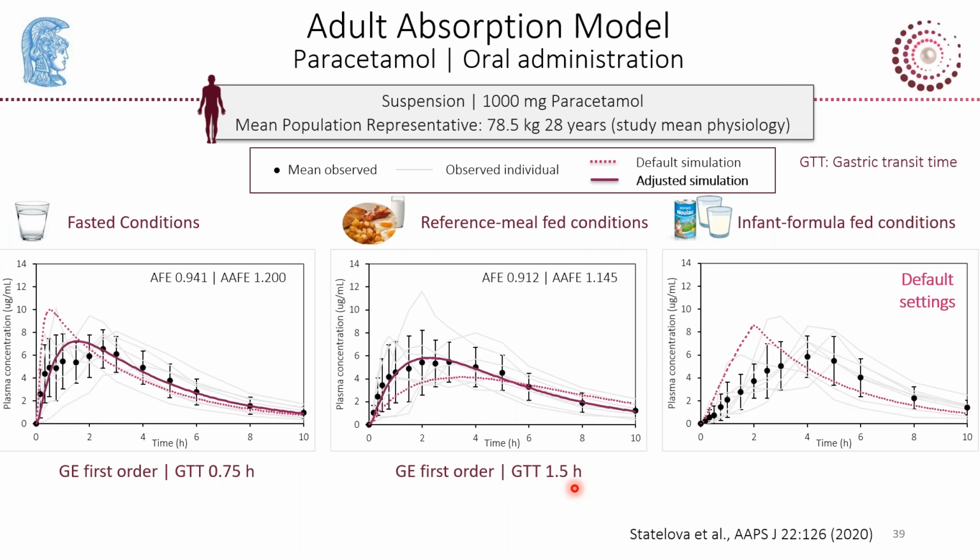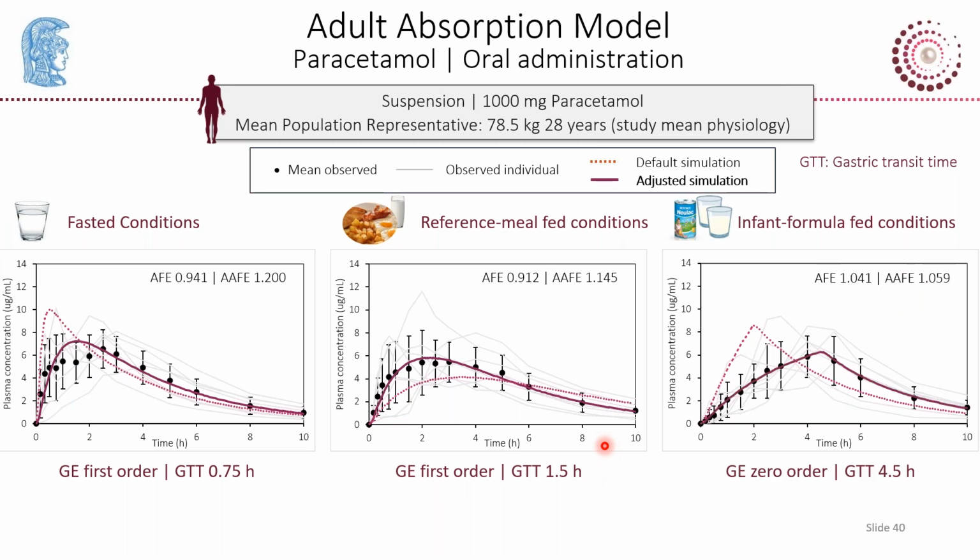Here the gastric emptying followed first order kinetics. And in the last condition, so under infant formula fed conditions, we applied zero order gastric emptying as known for homogeneous liquids emptied from the stomach, and the gastric transit time, which in this case represents the total gastric transit time, was adjusted to 4.5 hours.